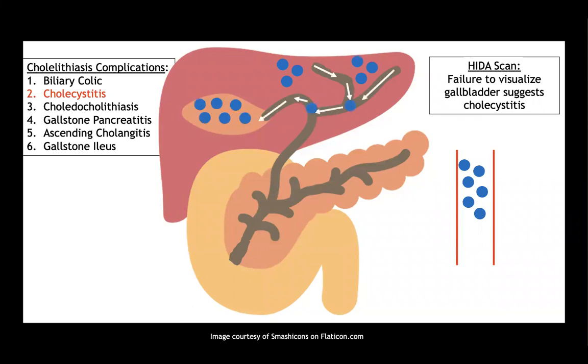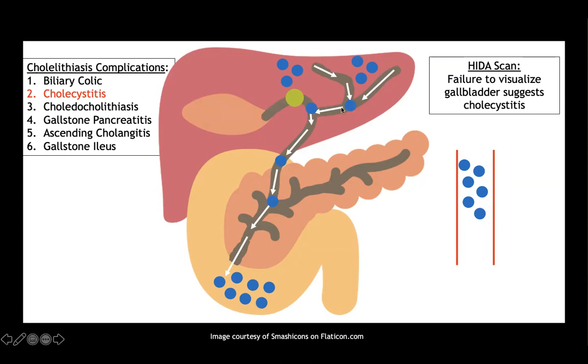It'll flow through the bile ducts just like bile does, and then get excreted. So if you saw a HIDA scan for this person, they'd have contrast in all these regions to some extent. If you have a gallstone in your cystic duct though, then that contrast could never make it into the gallbladder in the first place. So when you'd do a HIDA scan here, you would have a failure to visualize the gallbladder.